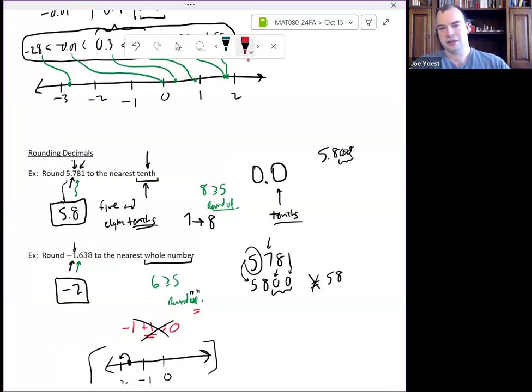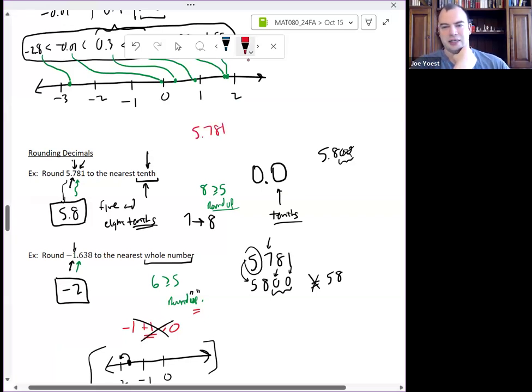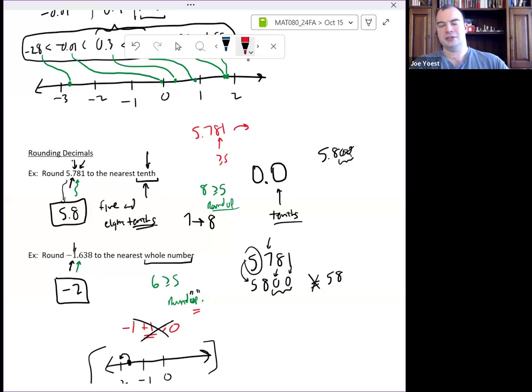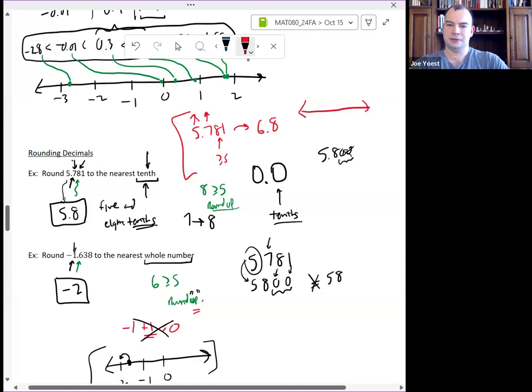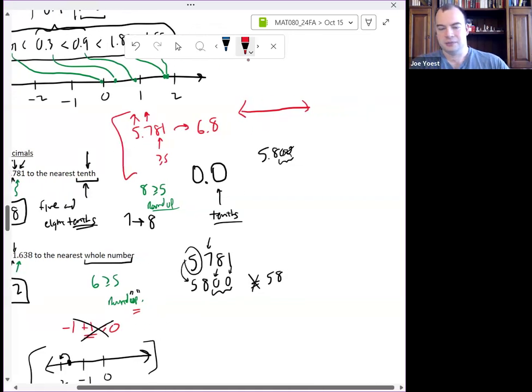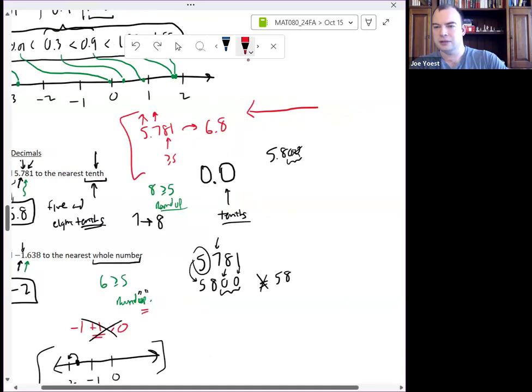If I was to say 5.781, since the 8 is bigger than or equal to 5, if I was to try to round this and say that the nearest tenth is going to be 6.8, rounding the 5 and the 7 by increasing both of them by 1. I'm writing this in red because this isn't the right way to do it.